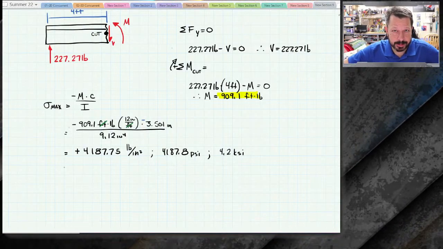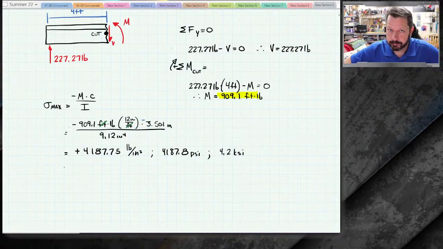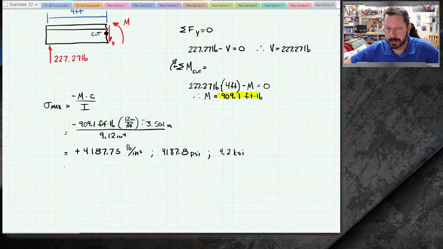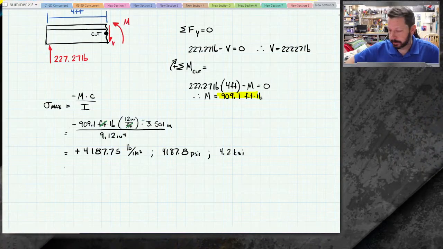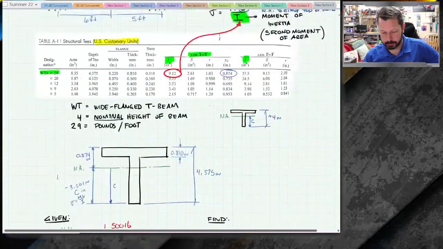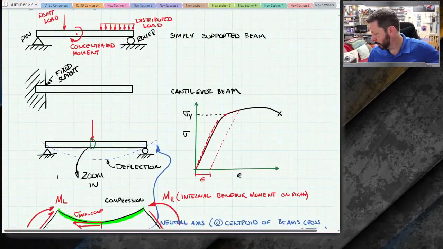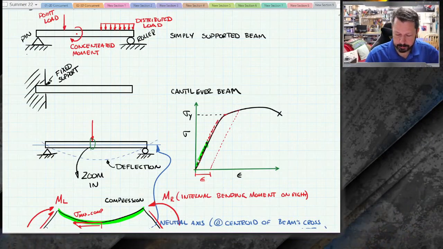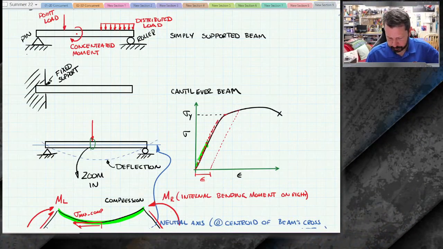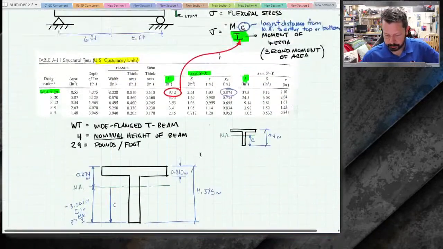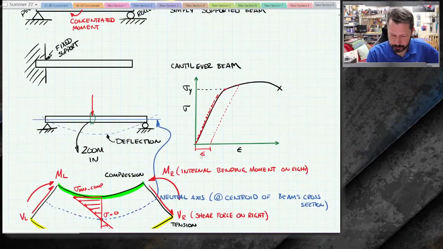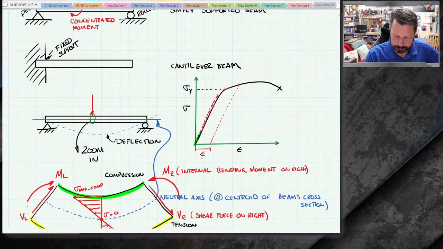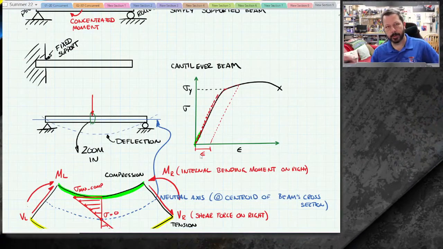We're at 4,000 psi, so for most materials that these beams would be made of, we shouldn't be anywhere near yielding it. So on our little graph right here, we're doing something like loading it up to maybe right here, maybe not even that far. If this number up here is 36, though, we're way down in here somewhere. So we're nowhere near yielding it.